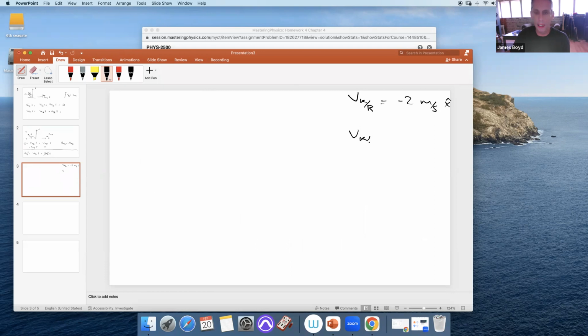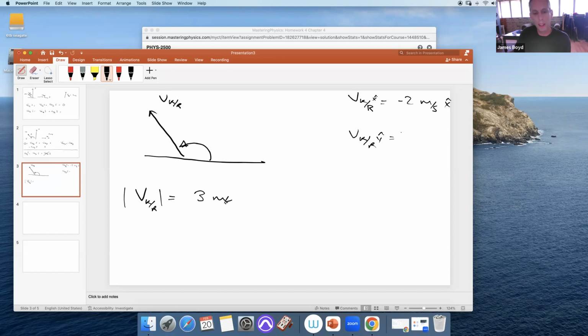And the velocity of the kayaker versus the river in the y direction is going to be the velocity of the kayaker versus the earth. So we need to figure out what this is. We know that the velocity of the kayaker versus the river is going to be somewhere here. We also know that the magnitude of the velocity of the kayaker versus the river is 3 meters per second.